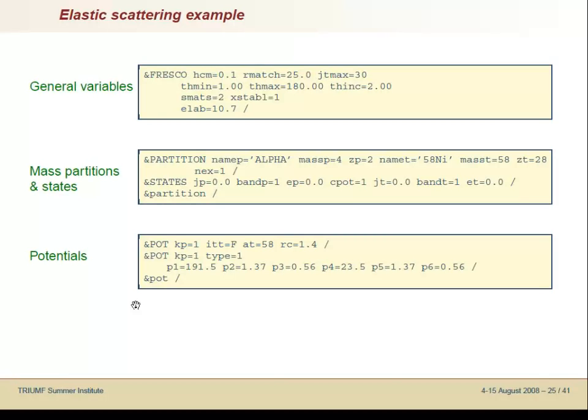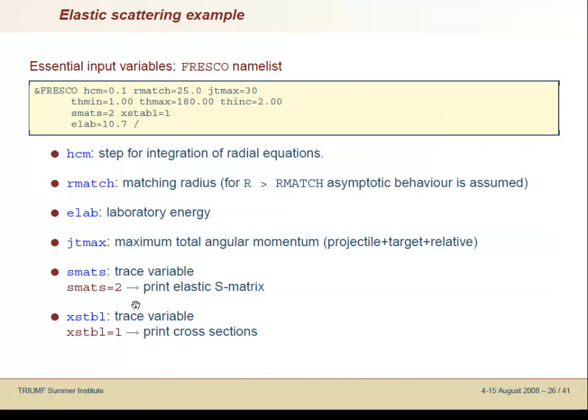So for example, as I said, in the Fresco name list, we have to specify the step, the matching radius, up to which the integration will be done, the laboratory energy, and the total angular momentum. This total angular momentum in general will be the result of coupling the spin of the projectile, the spin of the target, and the relative orbital angular momentum.